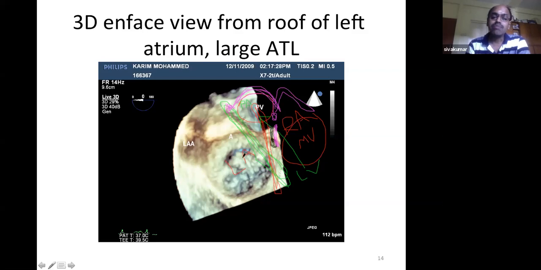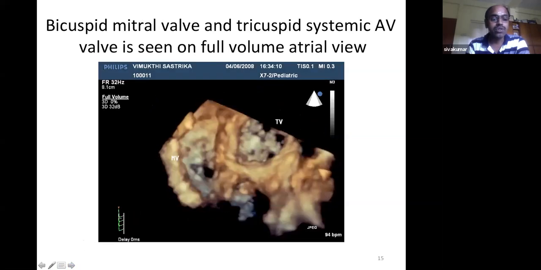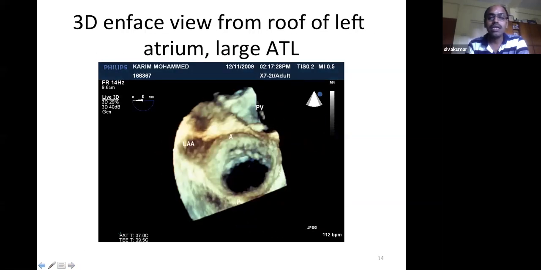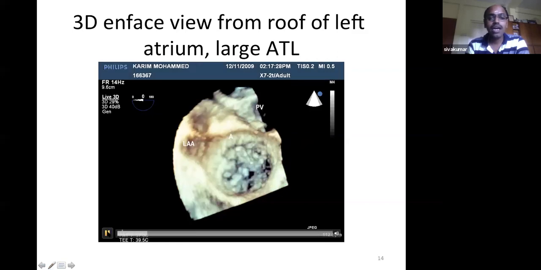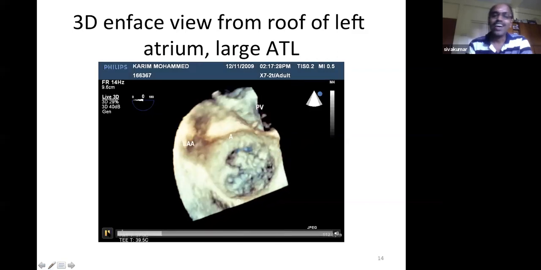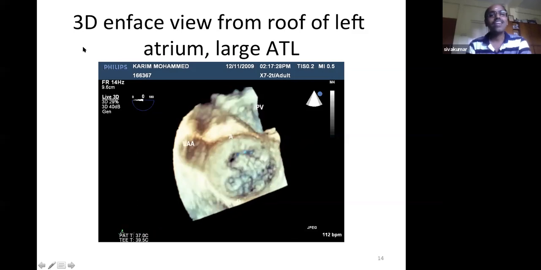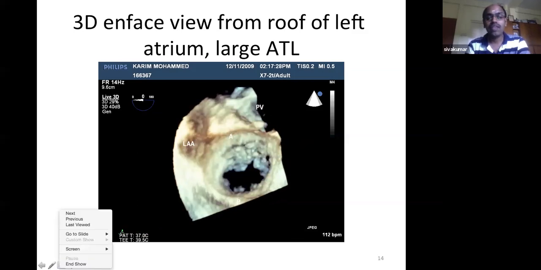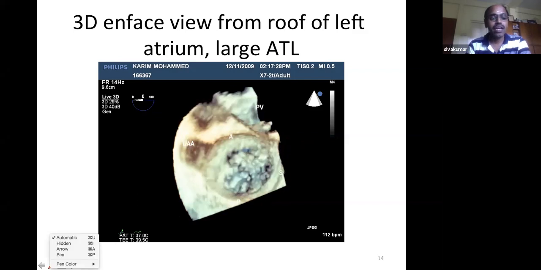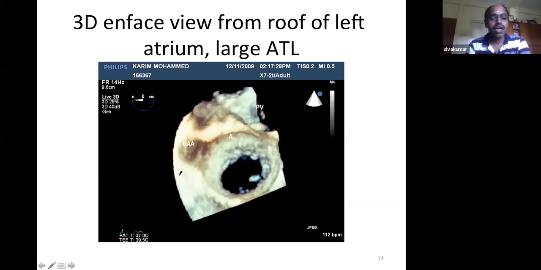This is a tricuspid valve on en face view. Now I will run this picture. Oh, whatever I had drawn has gone. Okay. Anyhow, let me again try. This is the anterior tricuspid leaflet, septal tricuspid leaflet, and posterior tricuspid leaflet. This is the plane of the interatrial septum.